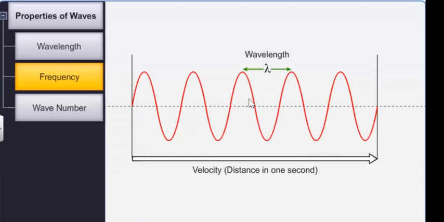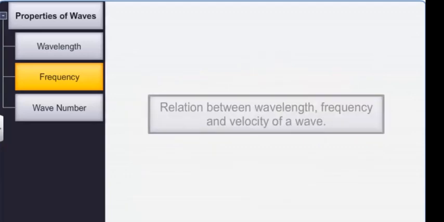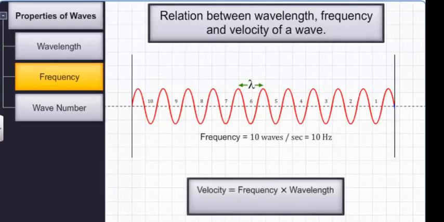Lambda is the distance of one wave, total distance of waves within 1 second, that is equal to velocity, right? It is shown by c. Units of velocity, centimeter per second or meter per second you can take. Relation between wavelength, frequency and velocity is, you can see here, velocity equals frequency into wavelength. This is the main one.